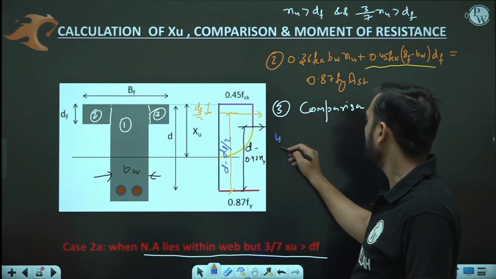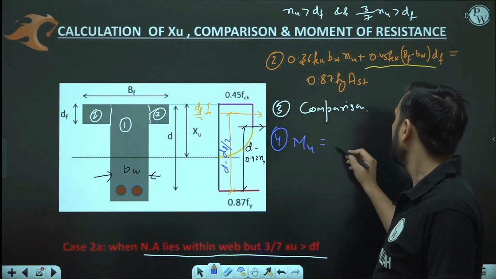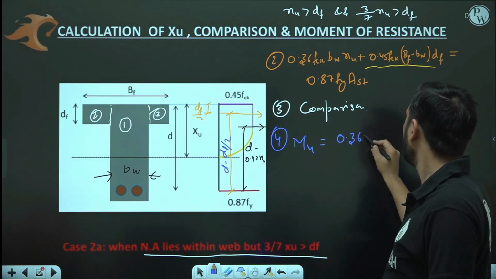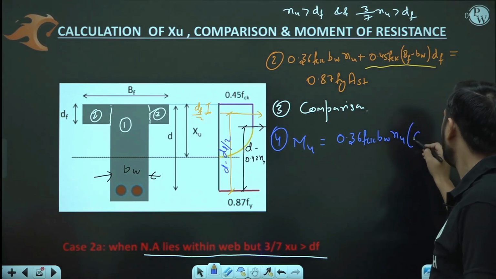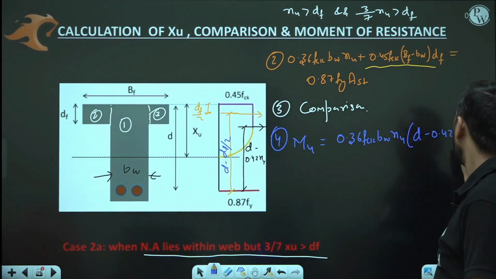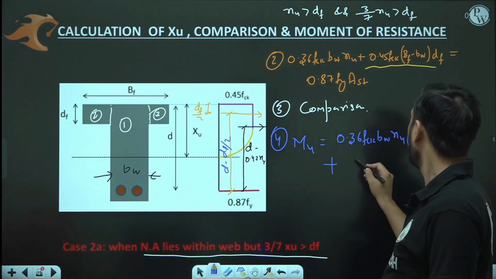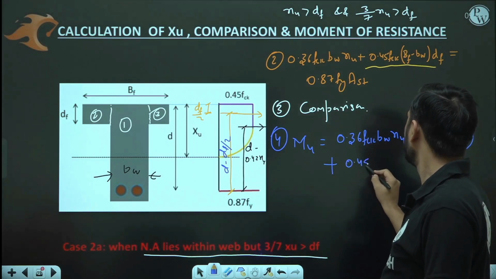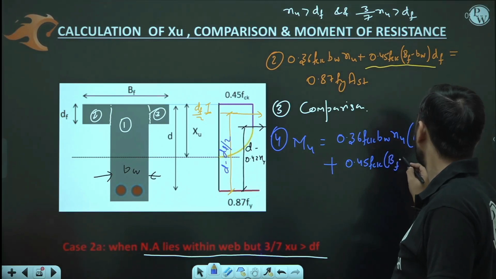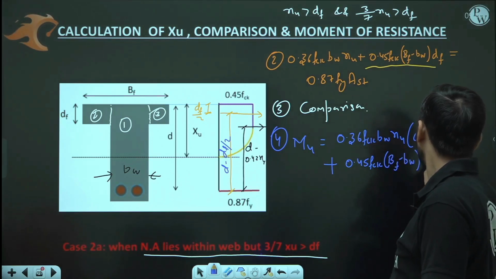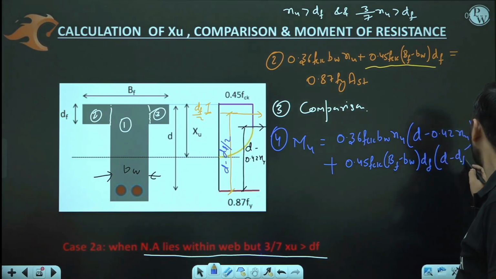So step number 4 is moment of resistance, which is going to be calculated by 0.36 FCK BW XU into D minus 0.42 XU plus 0.45 FCK into BF minus BW into DF into D minus DF by 2.